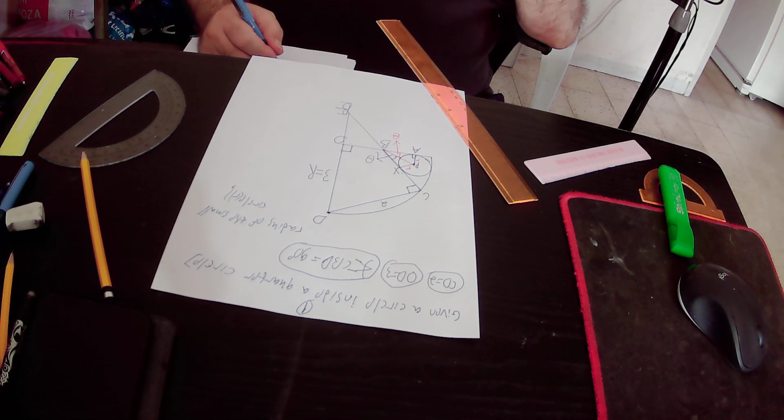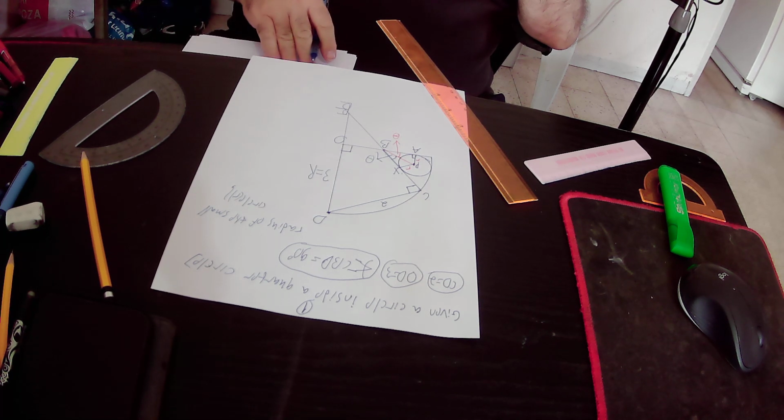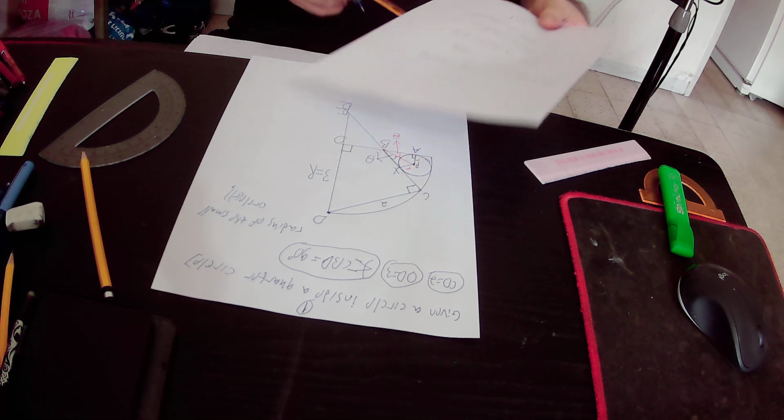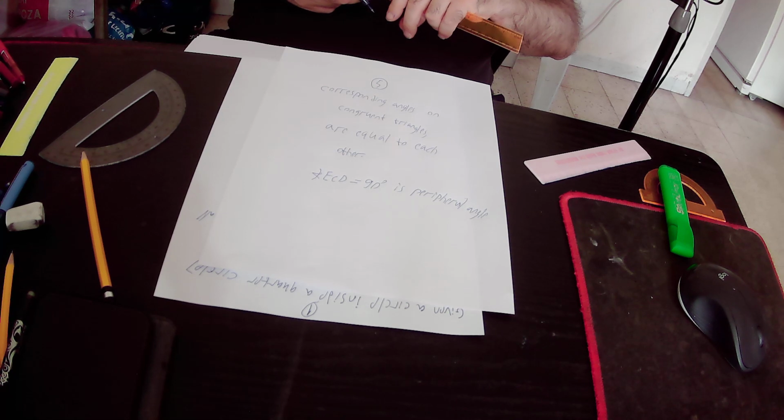So angle ECD, which equals 90 degrees, is a peripheral angle.